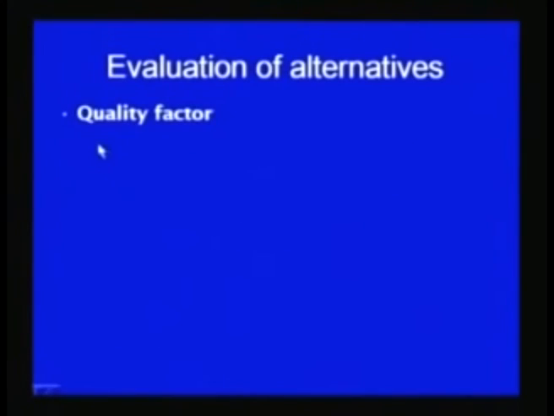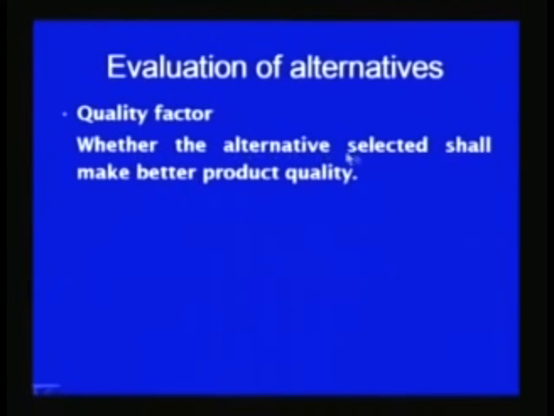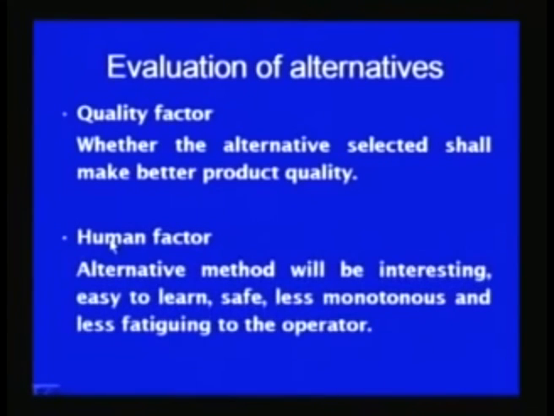The alternative options are evaluated in terms of the quality factor to see whether the alternative selected shall give better product quality or not. And the human factor is evaluated in the way that the alternative method should be interesting, easy to learn, safe, less monotonous and less fatiguing to the operator.